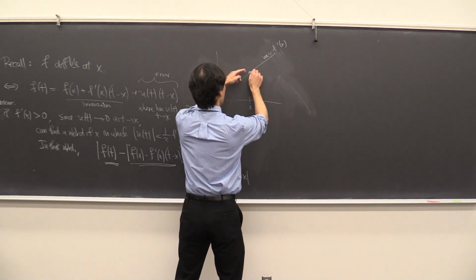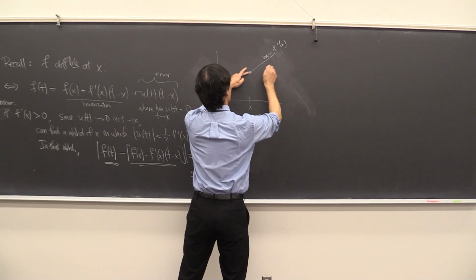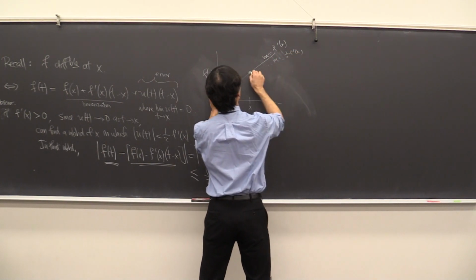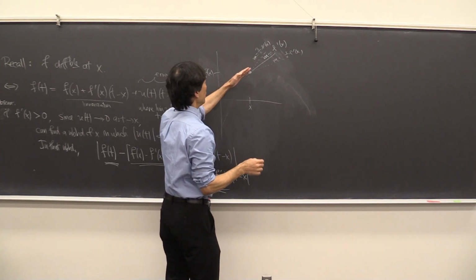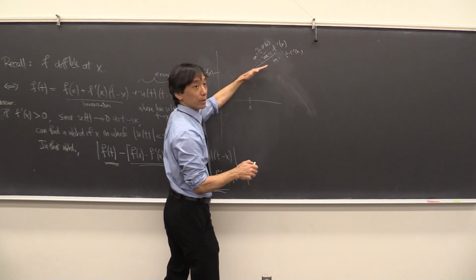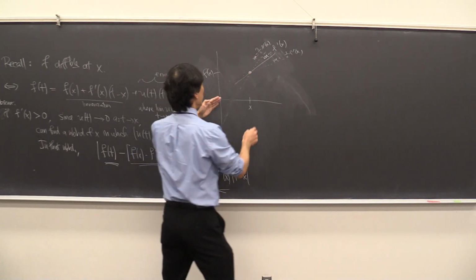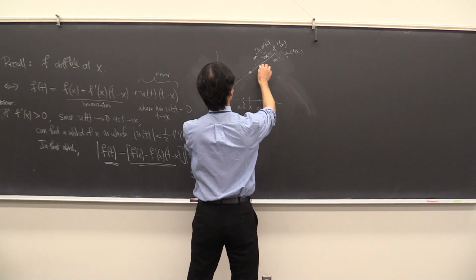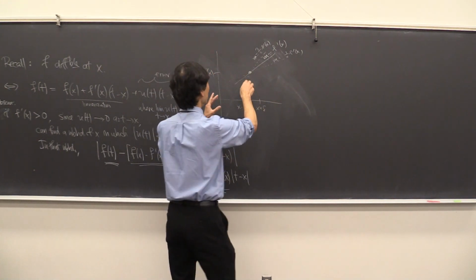That is saying that if you take the line with slope 1/2 f prime x, and the line with slope 3/2 f prime x, then the function is trapped between them. So you can find a neighborhood so that the function is trapped inside this bow tie like thing.